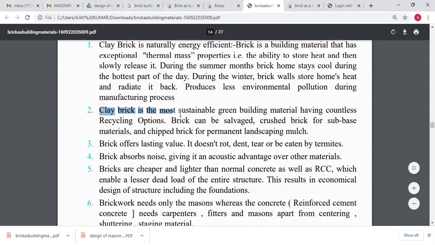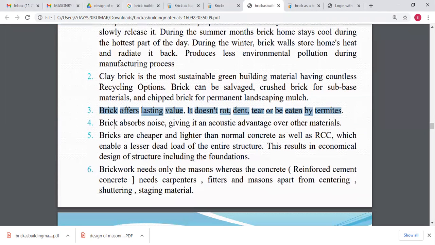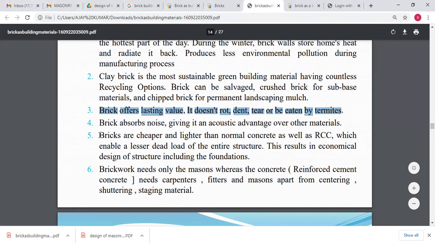Clay brick is the most sustainable green building material, with countless recycling options. Bricks can be crushed for sub-base material, or chipped for landscaping mulch. Bricks offer lasting value. They are not damaged by termites, so they are resistant against termite attacks, and are the most commonly used building materials.